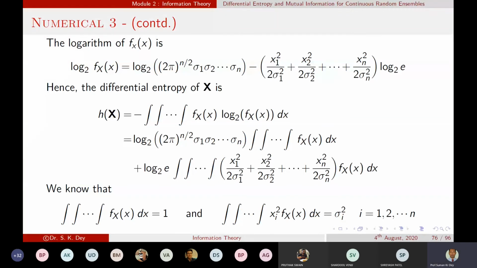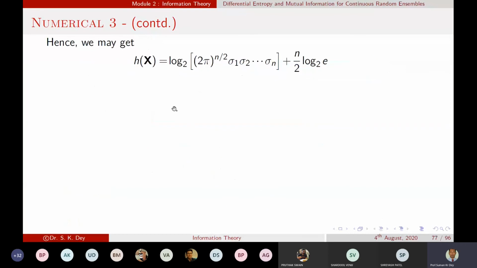So now if we replace these two terms, this equal to 1 and this equal to sigma i square, what will we get? We will get h of x equal to log 2 base 2 pi n by 2 sigma 1 sigma 2, this, plus n by 2 log 2 base e.